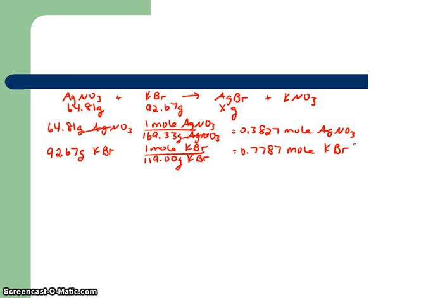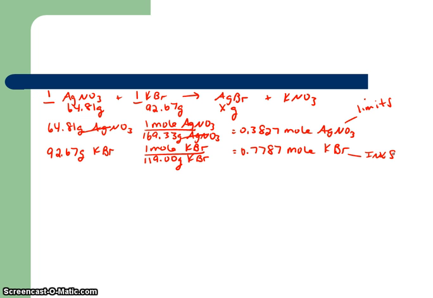Now, this problem is a little bit easier because the balanced equation tells us it's a 1-to-1 mole ratio. So when we look at these two numbers, the smaller number indicates the limiting reactant. So silver nitrate limits the reaction. That means potassium bromide is in excess.